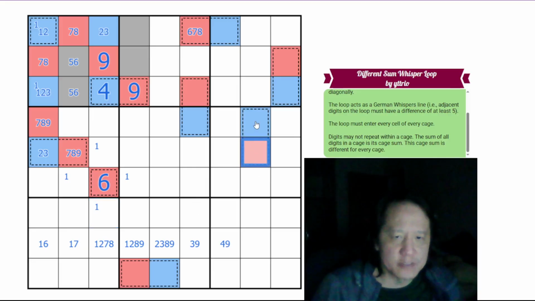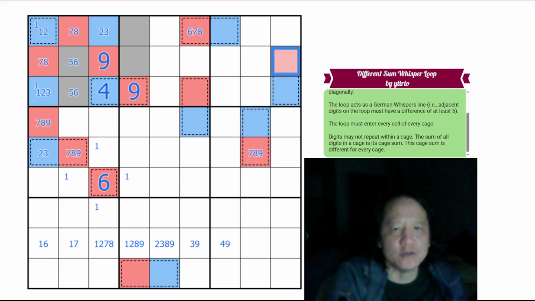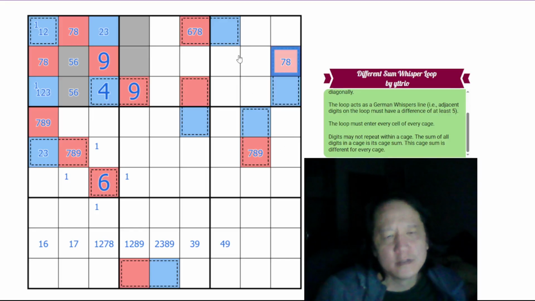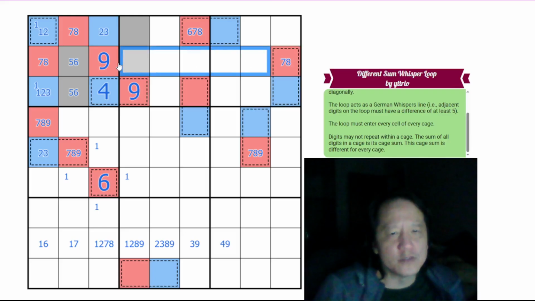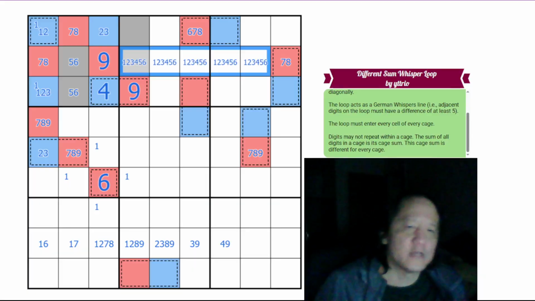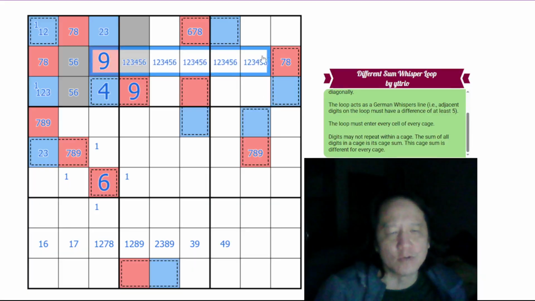This cannot be 6. It's next to 2 unique digits, so it's 7, 8, or 9. This is next to 2 unique digits, so it can't be 9. It's 7 or 8. The remaining digits in this row have to be 1 through 6, because we have a 7, 8 pair and a 9 in that row.